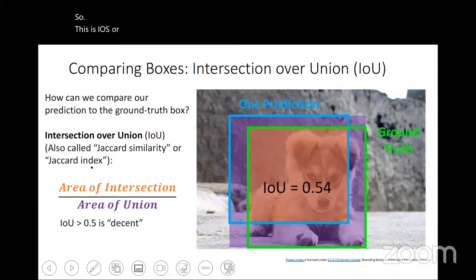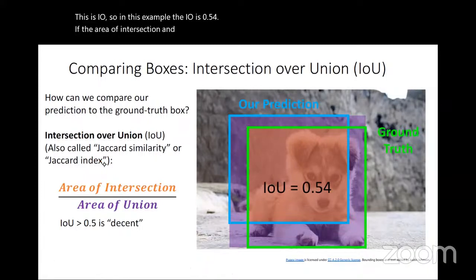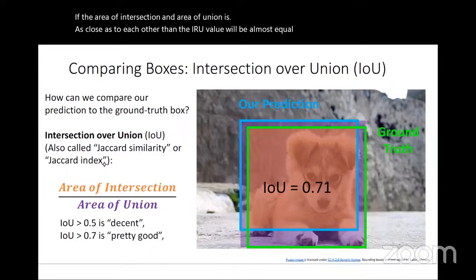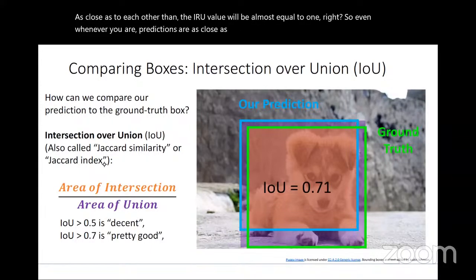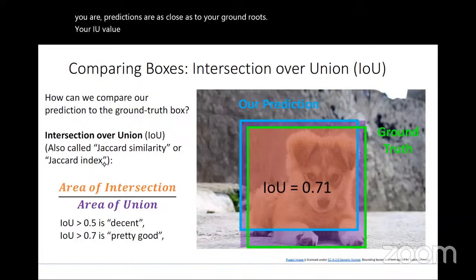In this example, the IOU is 0.54. If the area of intersection and the area of union are very close to each other, then the IOU value will be almost equal to 1. Whenever your predictions are close to your ground truths, your IOU value increases.